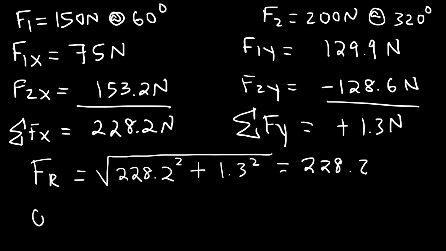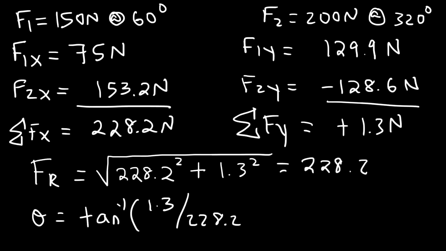Now let's find the angle. So it's arctangent y divided by x, 1.3 divided by 228.2. So the angle is about 0.33 degrees. So let's draw this.